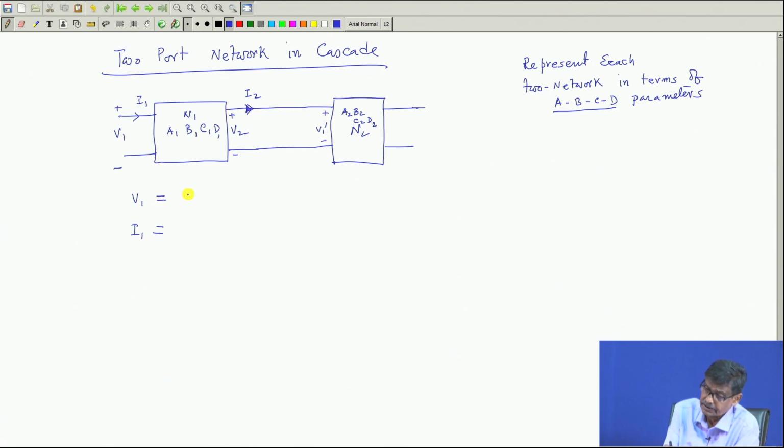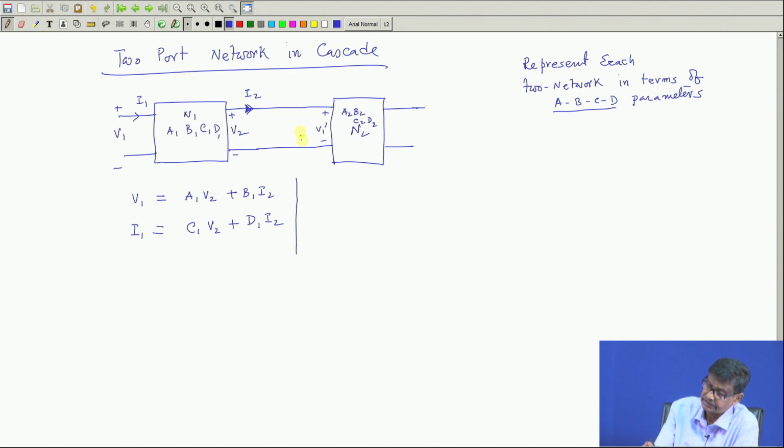So, V 1 is equal to A 1 into V 2 plus B 1 into I 2 for this network. This is V 2, this is I 2, and I 1 is equal to C 1 into V 2 plus D 1 into I 2. This will be the thing, clear.